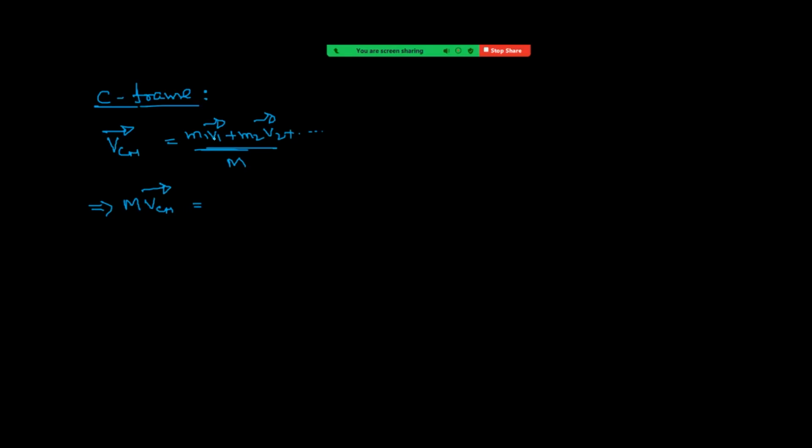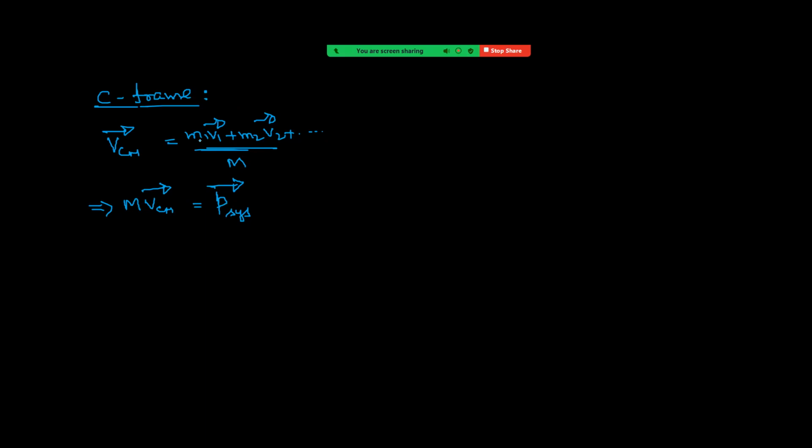You can see M1 V1 bar, momentum of the first particle, M2 V2 bar, momentum of the second particle. Like this, we take momentum for each and every particle, then take the vector sum of all those, which equals mass of the system into velocity of center of mass. So this is giving us the momentum of the system.